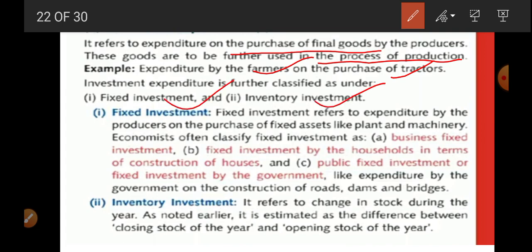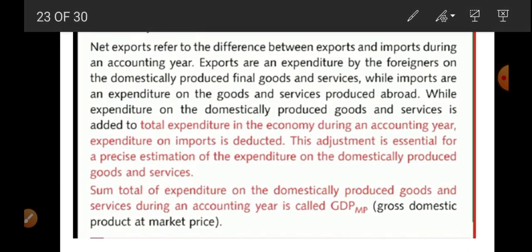Fixed includes business fixed investment, investment by the household in terms of construction of houses, and public fixed investment, which is fixed investment by the government. Inventory investment refers to change in existing stock. Now net export, it is the difference between export and import.